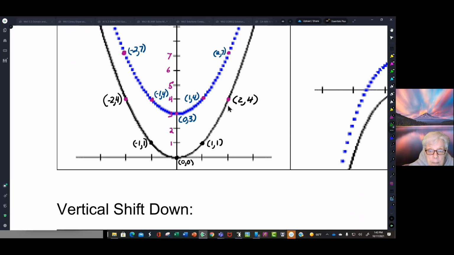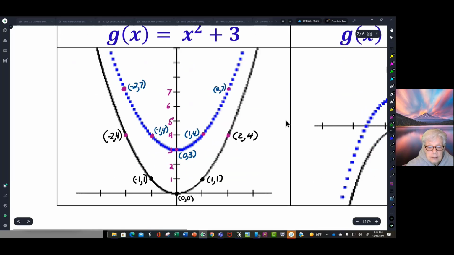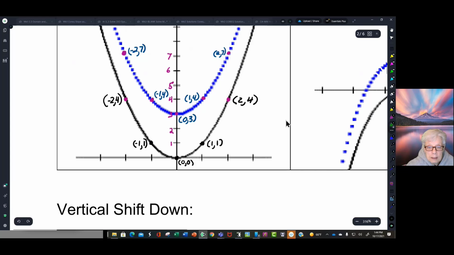So here we have the basic graph, y equals x squared. Here we have the transformed graph, which is shifted up 3 units. The x coordinates all stay the same, but the y's are going to change.